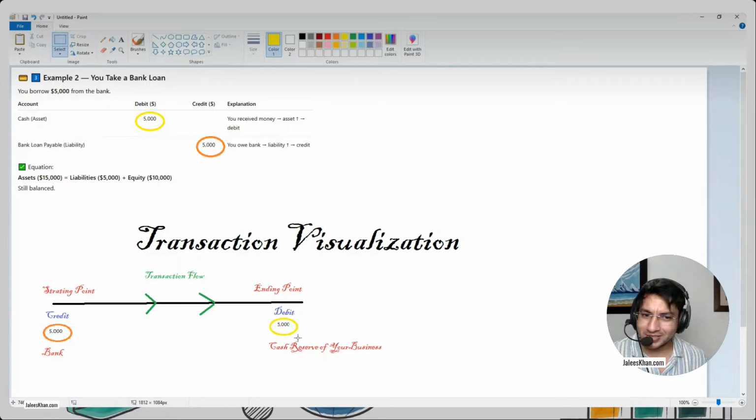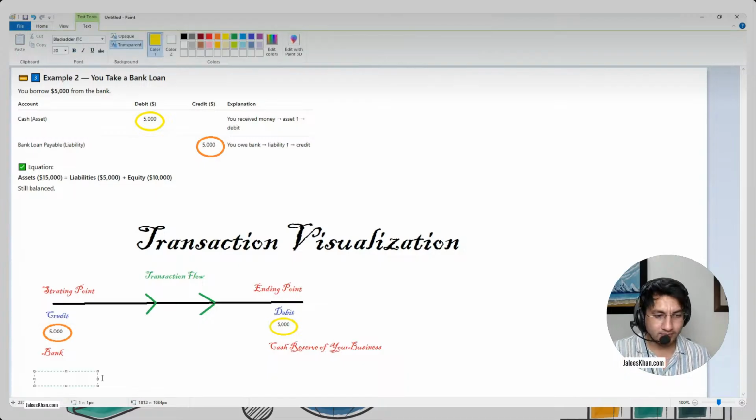So that's how we define what is debit and credit and what the business terms are that we use in the sheet when we record. We can say that it is bank loan, and it is a liability.